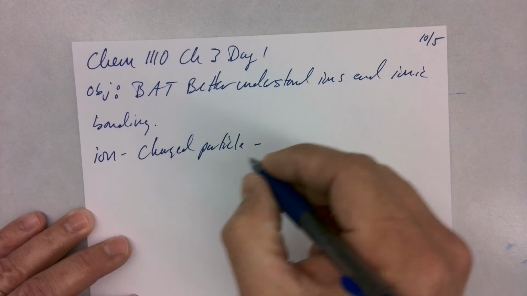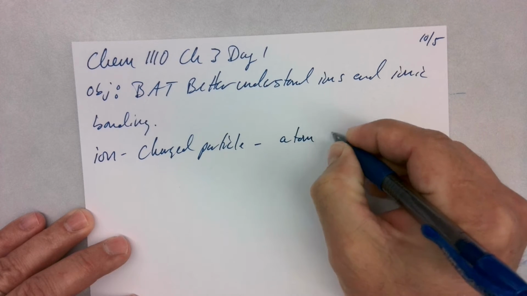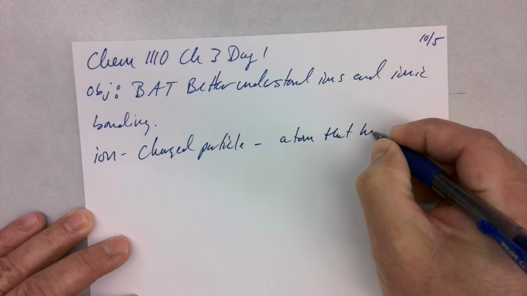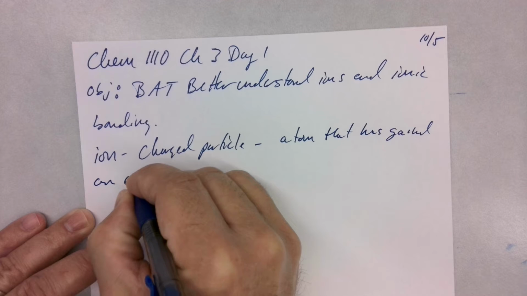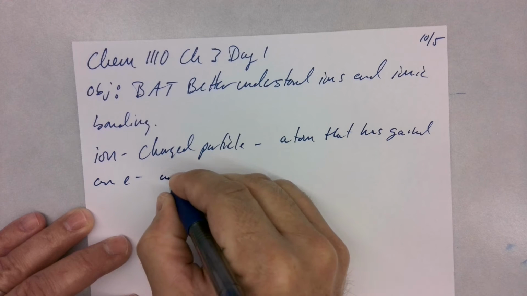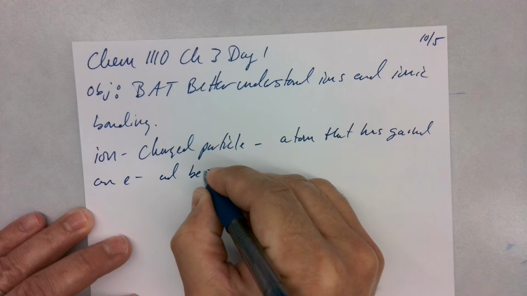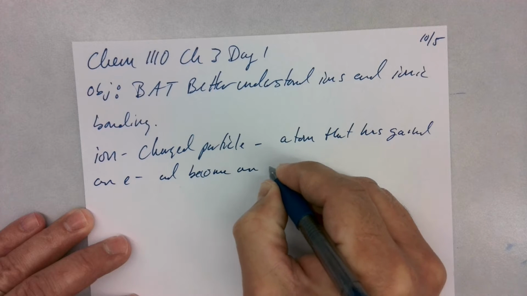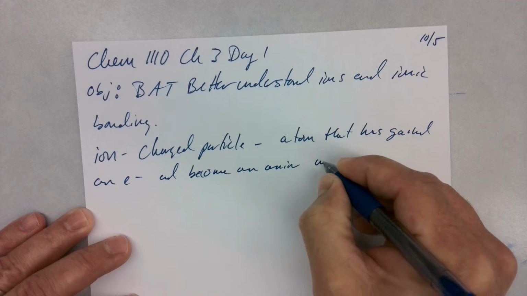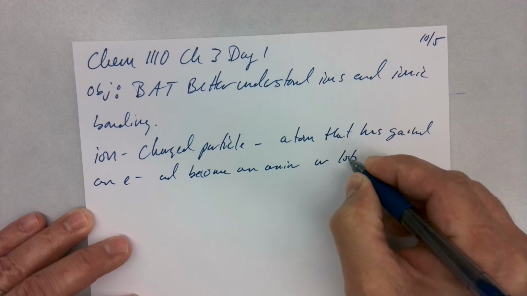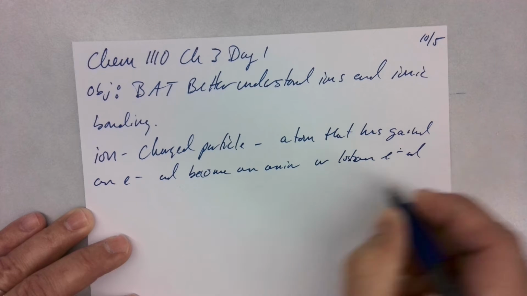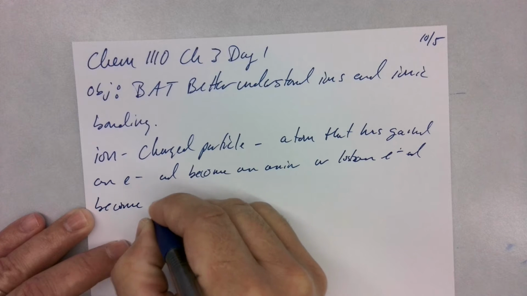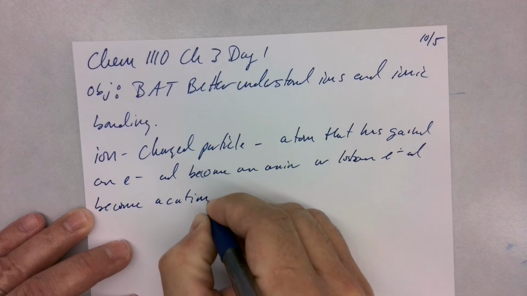Alrighty, so an ion is basically an atom that has gained an electron and become an anion, or lost an electron and become a cation.